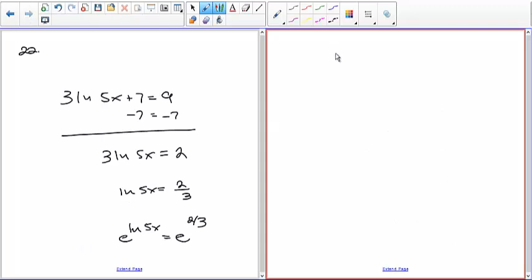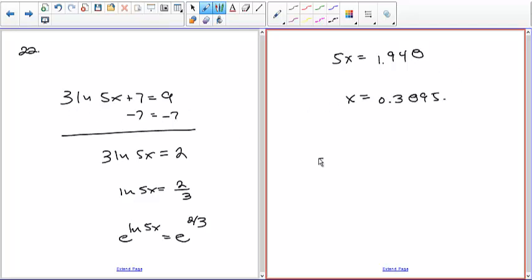E to the natural log of 5x is just 5x, and e to the 2/3 power is 1.948. Divide both sides by 5, and you get 0.3895.